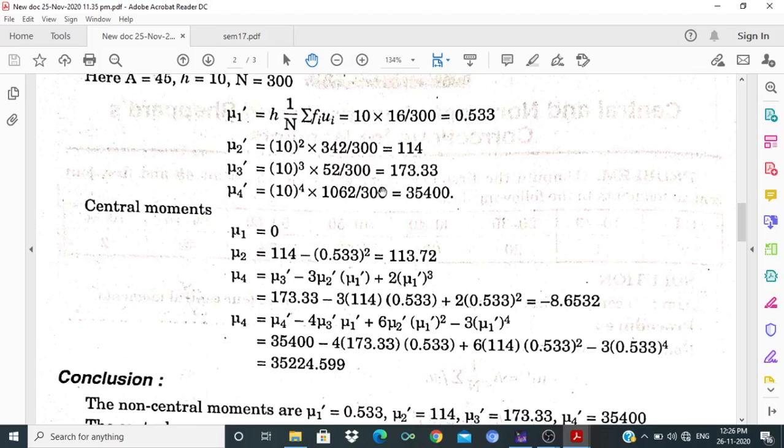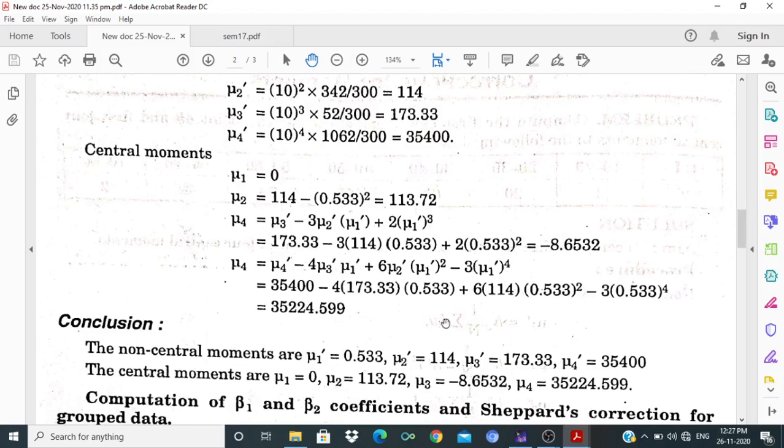Mu2 is equal to mu2 dash minus mu1 dash whole square, 113.72. Mu3 is equal to mu3 dash minus 3 mu2 dash mu1 dash plus 2 mu1 dash whole cube. Mu4 is mu4 dash minus 4 mu3 dash mu1 dash plus 6 mu2 dash mu1 dash square minus 3 mu1 dash power 4. Look here, mu4 is a 5-digit number.